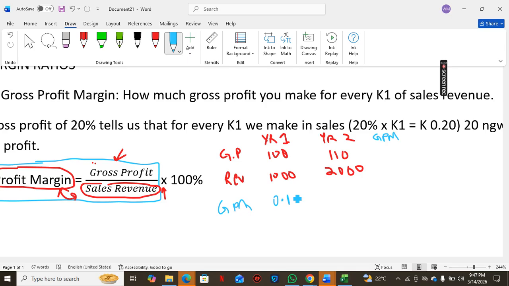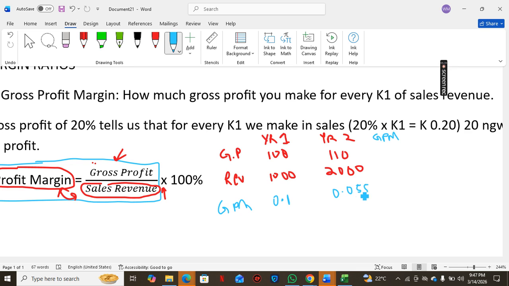Right. Let's look at year 2. 110 divided by 2,000, you're going to get a gross profit margin of 0.055. Have you seen here?